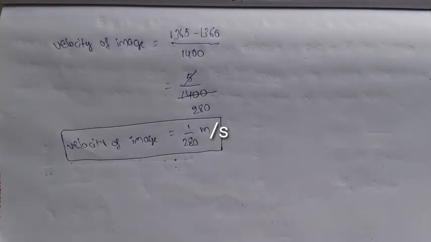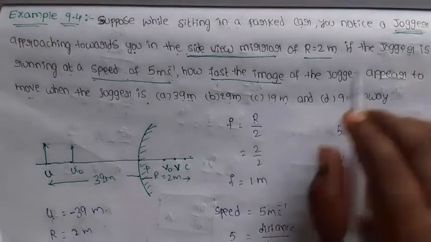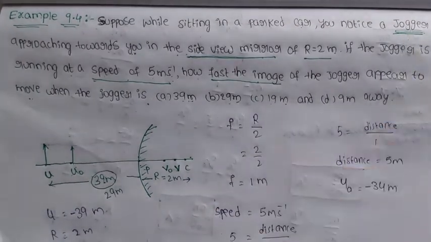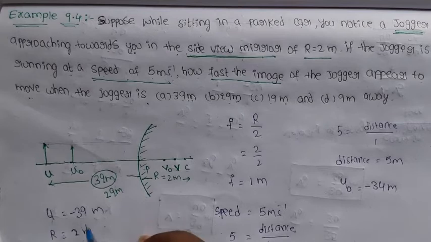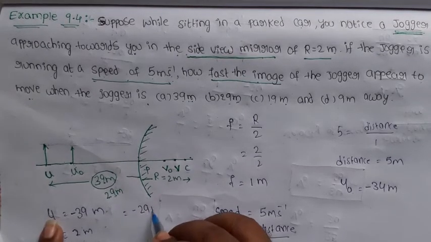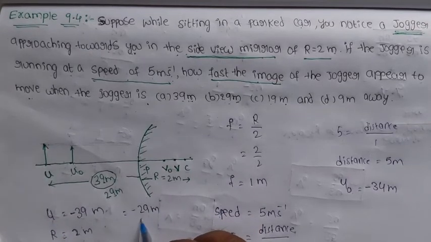Next, jogger is at 29 meter. So jogger, the object, is at distance 29 meter. Apply the sign conventions. So u value minus 29 meters. It is in case 2. What about the R value?